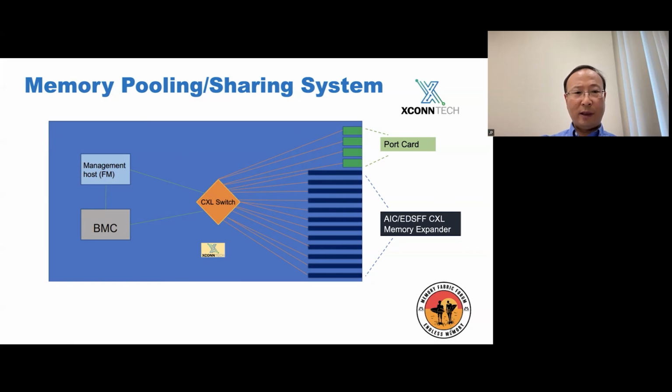The management host runs the fabric manager, and that can be either an ARM processor or an x86 processor. The BMC and the management host work in synchronous to provide all the needed functions to support the working of this system.